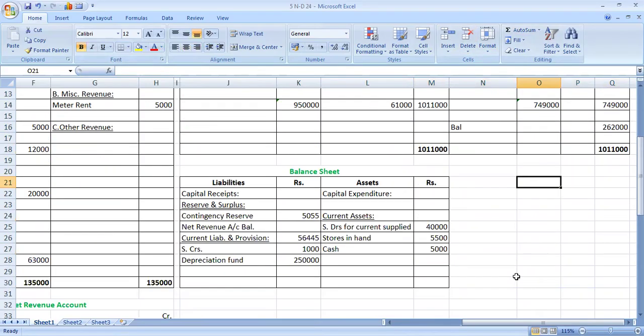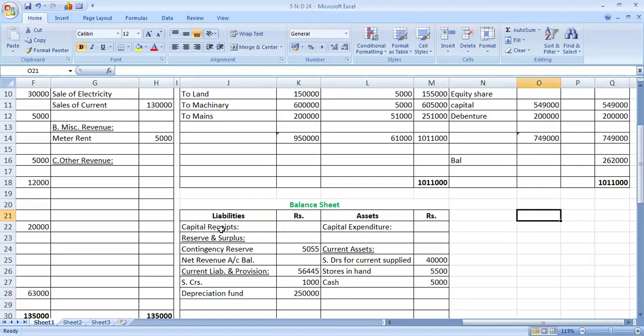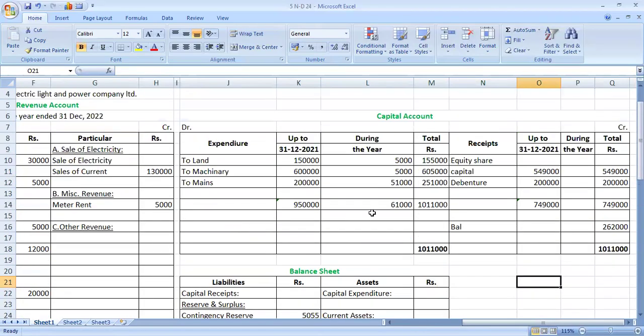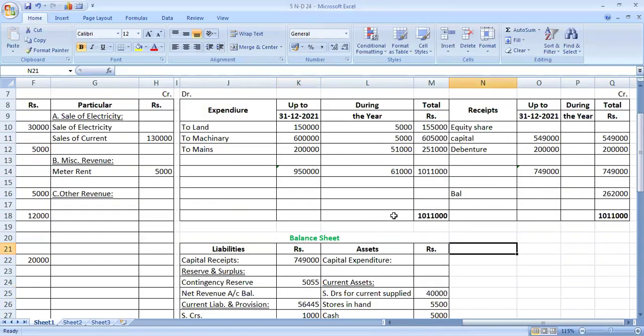Now I am closing the balance sheet. Here is the item of capital receipt. What is the total of capital receipt? That is 7 lakh 49,000. The capital expenditure total is 10 lakh 11,000.